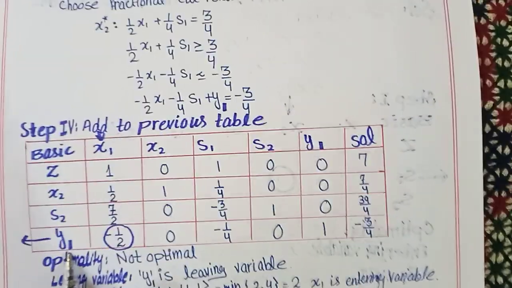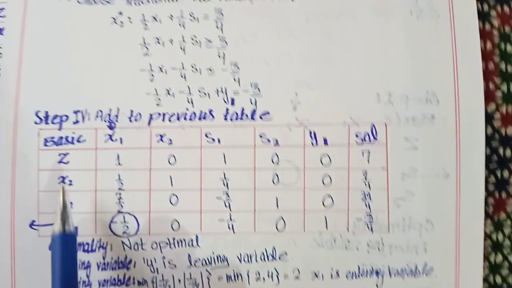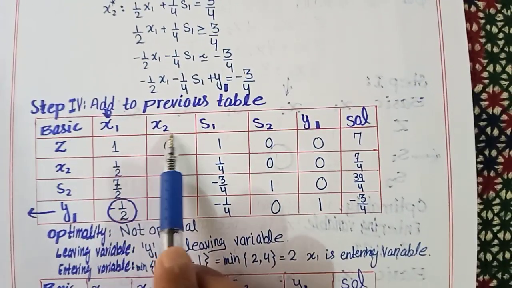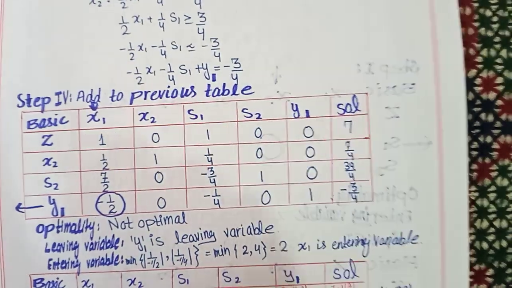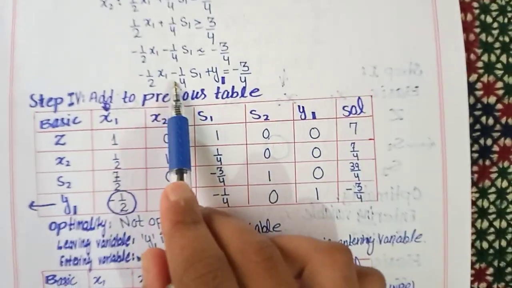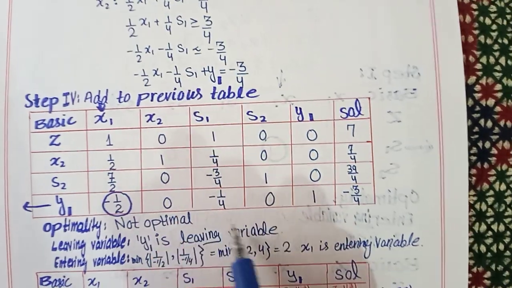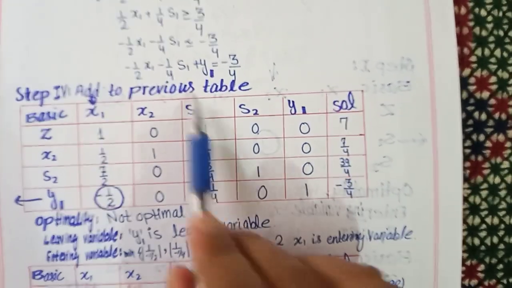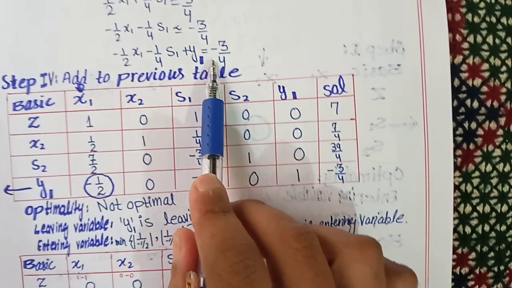The basics are z, x2, s2 and y1, with columns x1, x2, s1, s2, y1 and solution. The new row is -1 over 2 for x1, 0 for x2, -1 over 4 for s1, 0 for s2, 1 for y1, and solution -3 over 4.